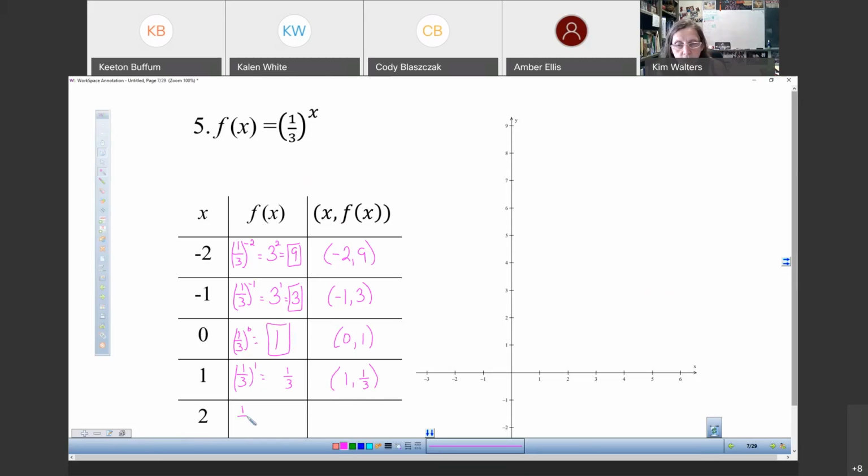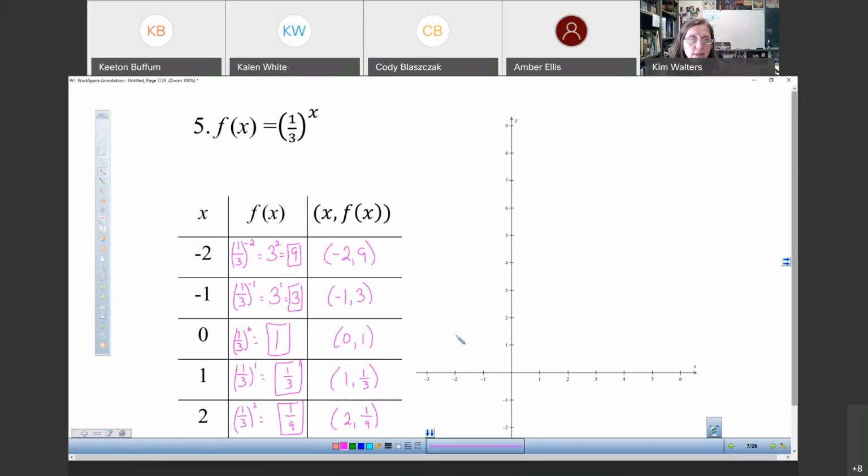And then 1/3 to the 2nd power is going to be 1/9. So when x is 2, y is 1/9. Notice, I hope you're recognizing what's happening. As my x values are getting larger, my y values are actually getting smaller. Not 0, but smaller, okay?